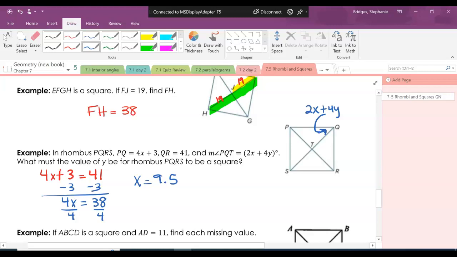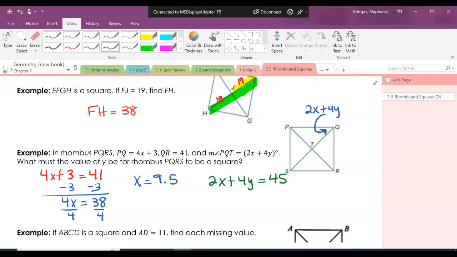45. Okay. So this is what we're going to do. We're going to take that 2x plus 4y, and we're going to set it equal to 45. Okay, because in order for it to be a square, each of my big angles is cut in half. Half of 90 is always 45. However, I still have two variables there, correct?